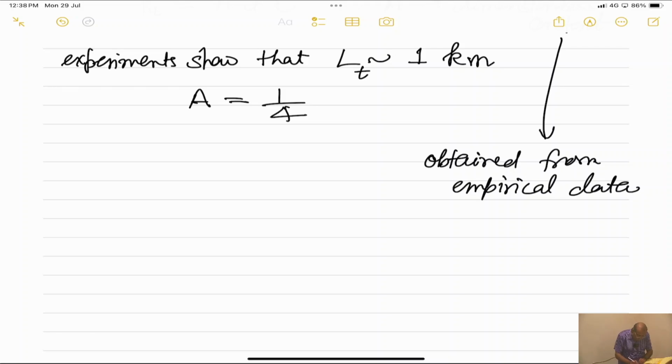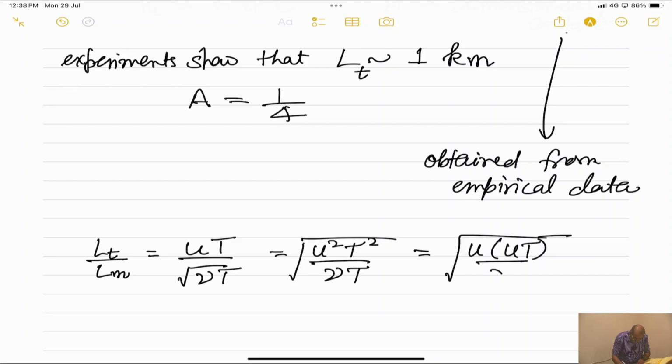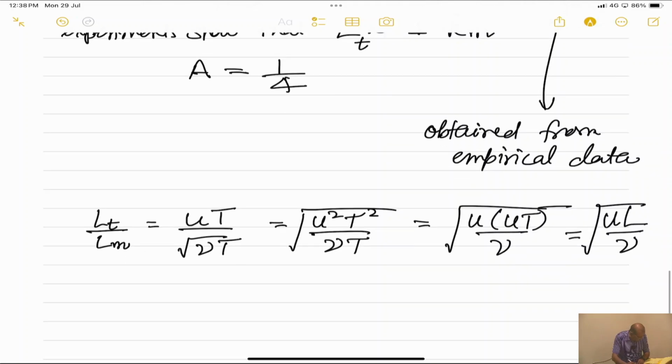Okay. So now one more thing, let's look at the ratio of the turbulent length scale which we got to the molecular length scale. It was the turbulent length scale divided by the molecular length scale, square root of nu t upon nu. So this becomes equal to square root of u square t square upon nu t, which will be square root of u times L upon nu.